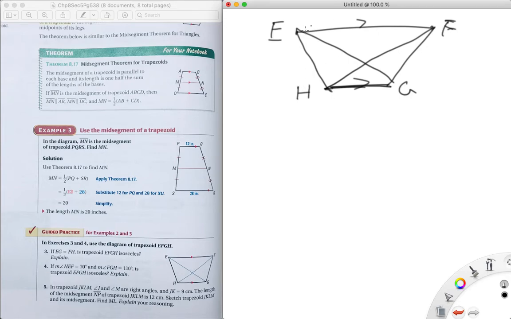Alright, the diagonals are congruent, so yes, it's an isosceles trapezoid.